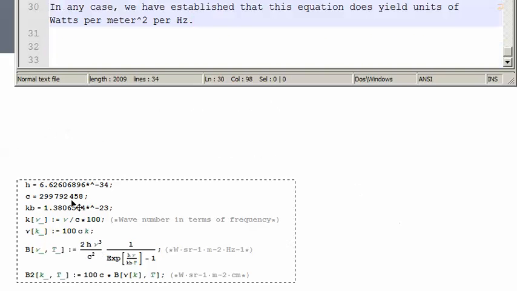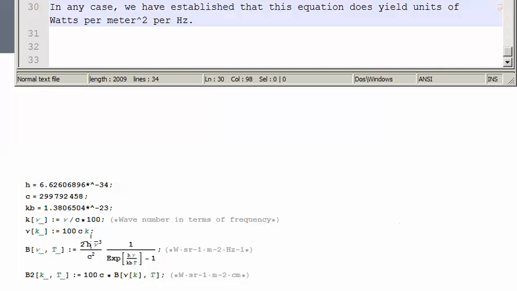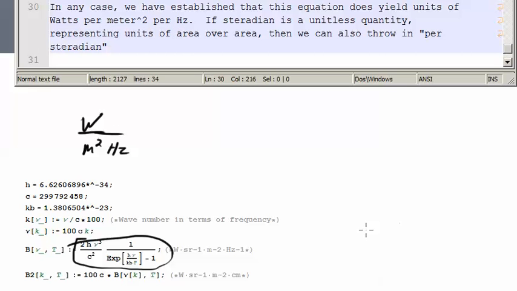In any case, we have established that this equation does yield units of watts per meter squared per hertz. If steradian is a unitless quantity representing units of area over area, we can also throw in per steradian.